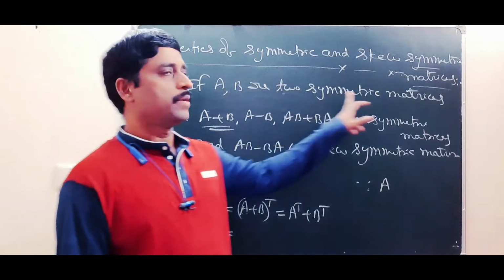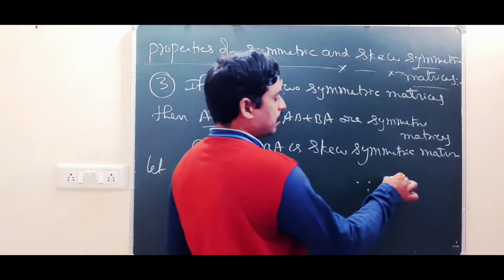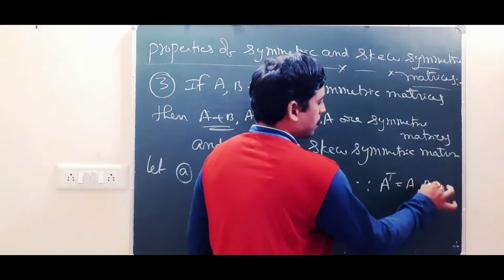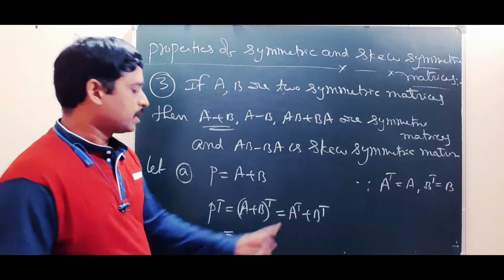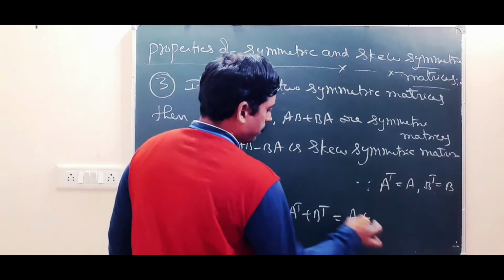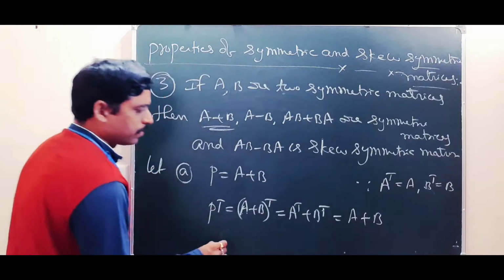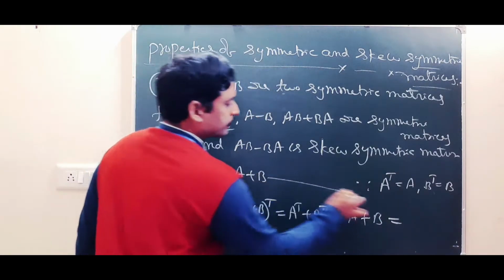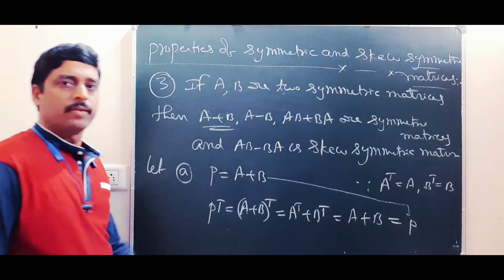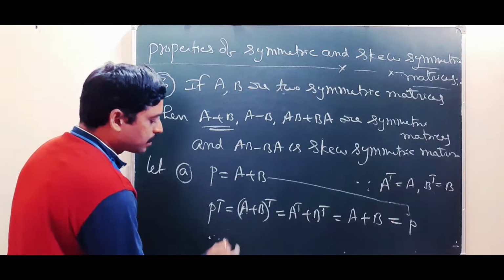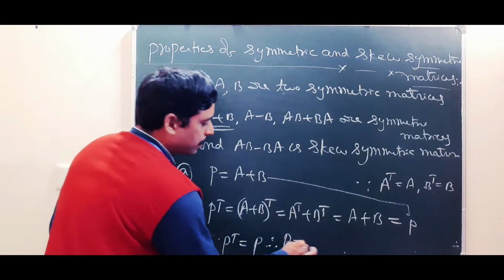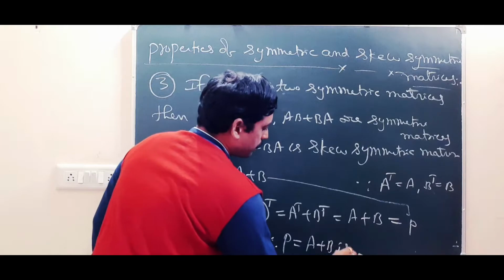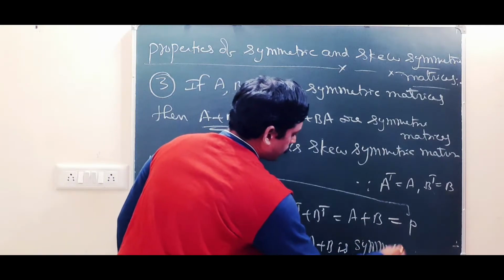A and B are two symmetric matrices. According to the definition, A transpose equal to A and B transpose equal to B. So where A transpose is, we write A, and B transpose value B. Therefore A plus B is nothing but P. Therefore P transpose equal to P. Therefore P, which is A plus B, is a symmetric matrix.